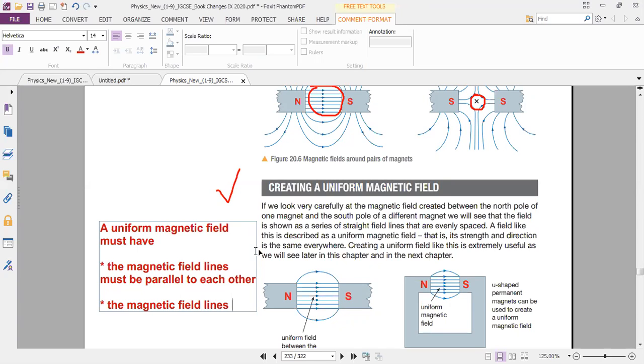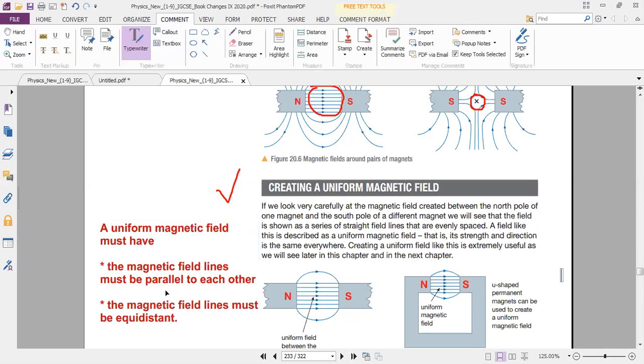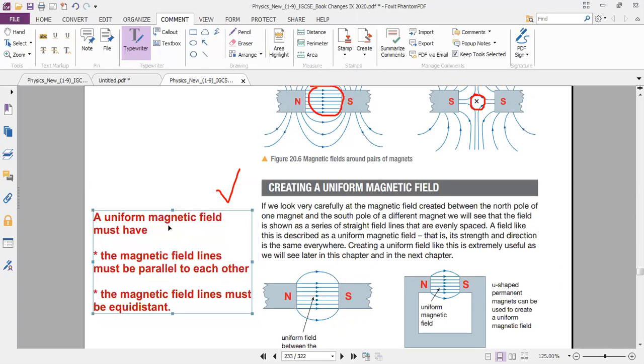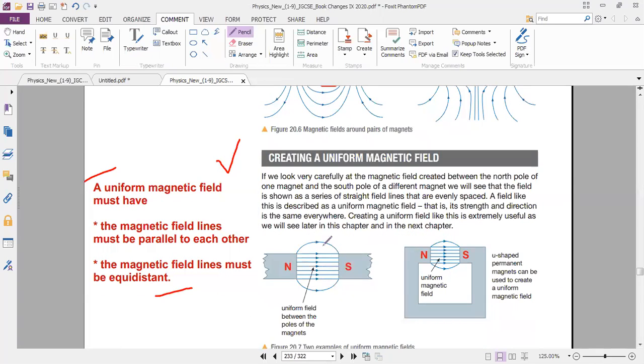Magnetic field lines must be equidistant. All right, so please write down this note. Look at this. The field lines are parallel and they are equidistant. Then it can form a uniform magnetic field.